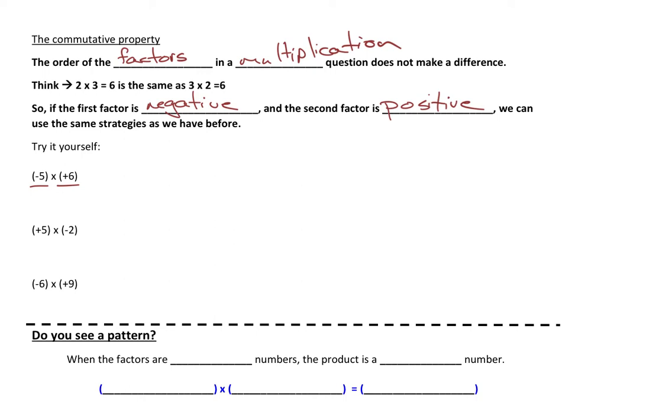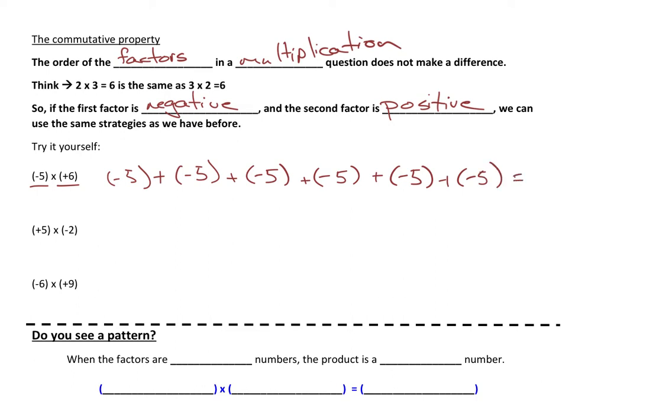So if we think of that as still 6 groups of negative 5, we would go negative 5 plus negative 5 plus negative 5 plus negative 5, and we're going to do that 2 more times. And for those of us who have been counting all along, we get a negative 30.